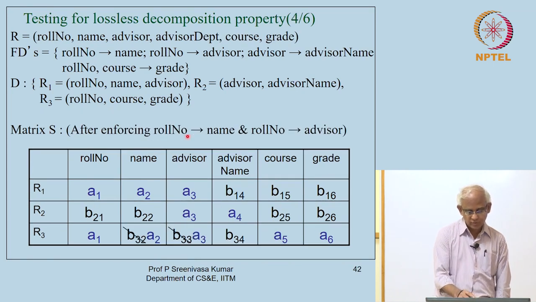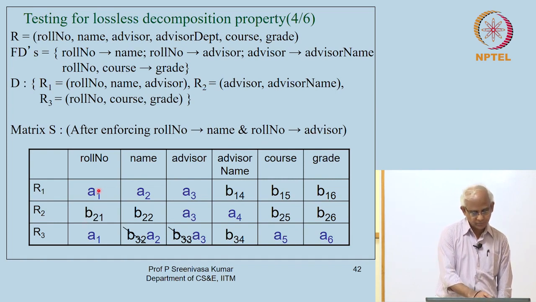After enforcing roll number determines name and roll number determines advisor, what happens here is that there are two rows that agree on roll numbers, A1 is A1. Originally it had B3 2. Now, we focus on the right hand side attribute, which is name, and in that column we have one A symbol.